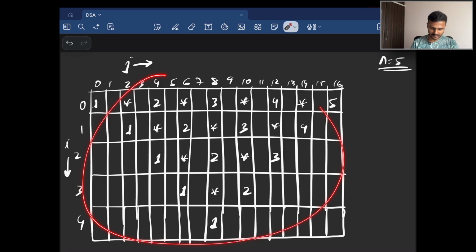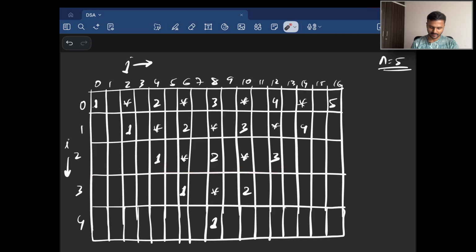So this is what we're supposed to print for n equal to 5. In the first row, what we are doing is printing one space, then asterisk space, two spaces, and so on. In the second row, we're printing two spaces first, and then one space, asterisk space, and so on. In the third row, that is when I is 2, we're printing four spaces, and then one space, asterisk space, and so on.